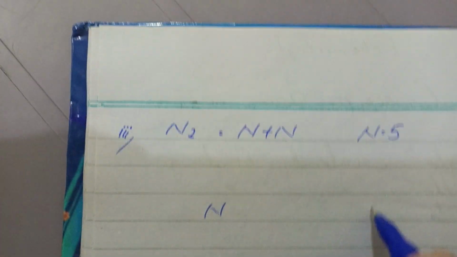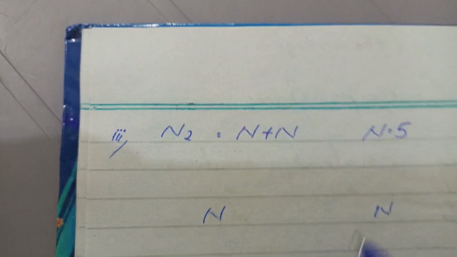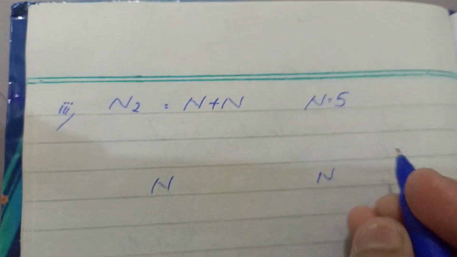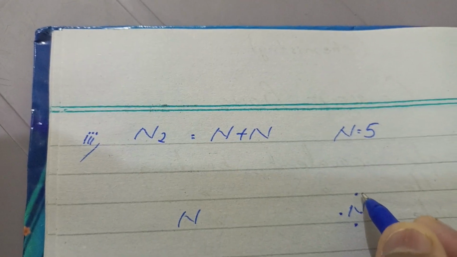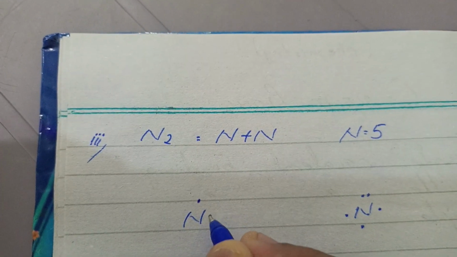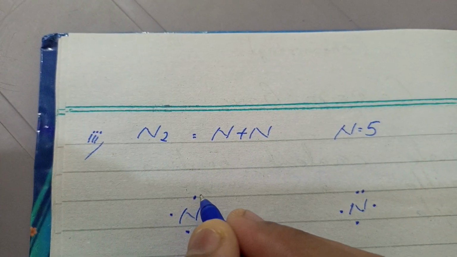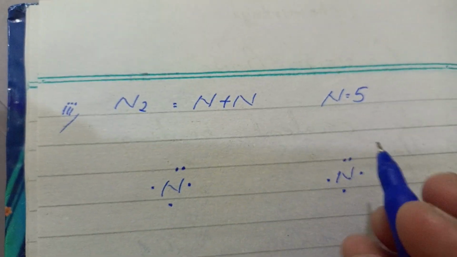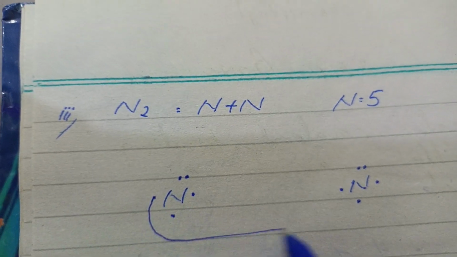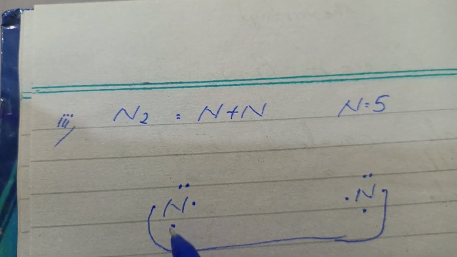So we put N plus N. Then we give the electrons to each side, 1 2 3 4, then we start pairing the fifth. Here you can see there is only one paired electron and three non-paired electrons, so obviously they'll bond through the non-paired electrons.